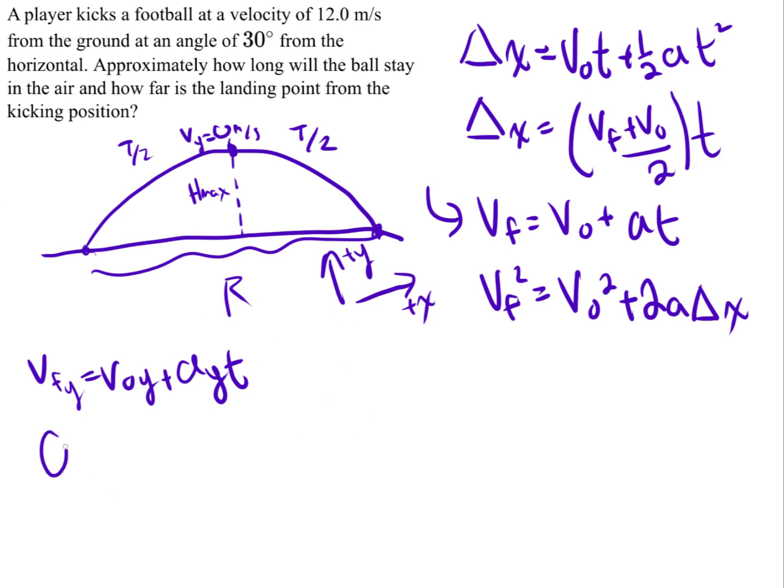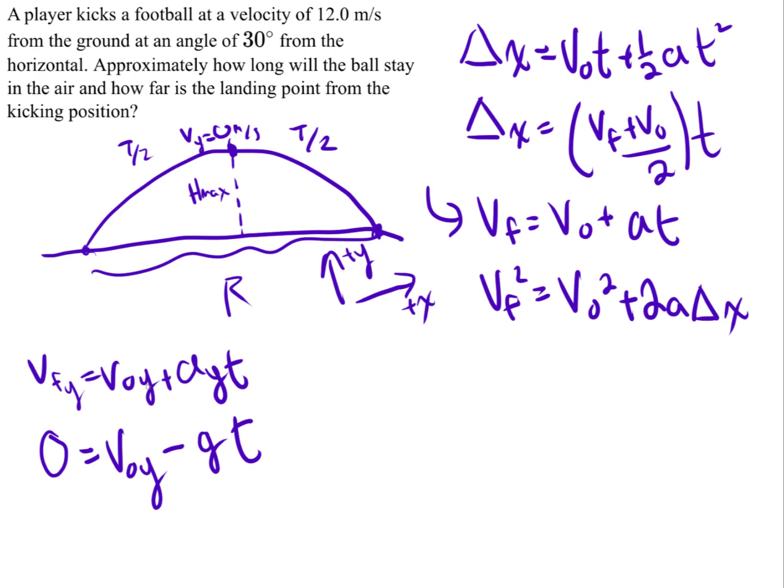So the vertical velocity at the maximum height is simply going to be 0. And that is equal to the initial velocity in the y direction plus the acceleration in the y direction, where the acceleration in the y direction is the negative of the gravitational acceleration, or minus g. So this becomes minus gt.